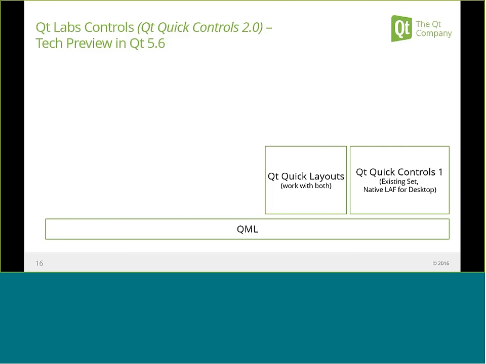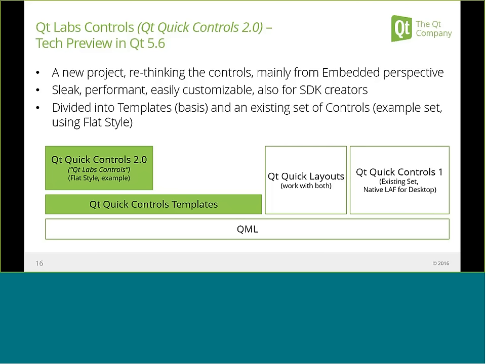Okay, then we have Qt Quick layouts as well, which are layout components for Qt Quick Controls. So now with the Qt Labs controls for Qt Quick Controls 2, we rethought the controls, we redesigned them completely from an embedded perspective, so that they are sleek, performant, and easily customizable, also for people making SDKs with Qt.